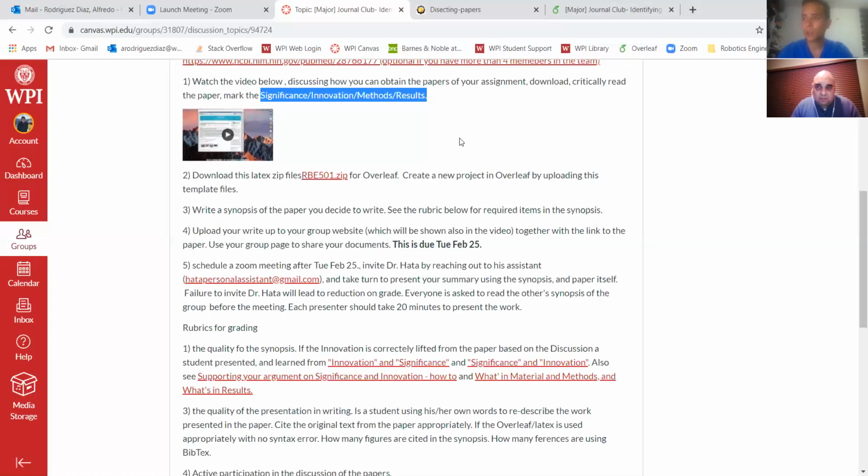So I guess a synopsis is not just a summary of the paper, but a higher level analysis. Yes. To explain it or visualize it better, you remember when we first watched the video of how they do the analysis in the NIH of papers and how they discuss and read the papers?